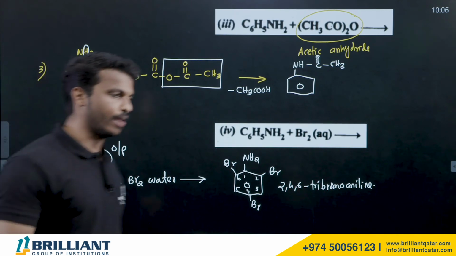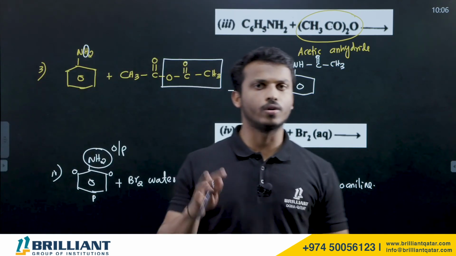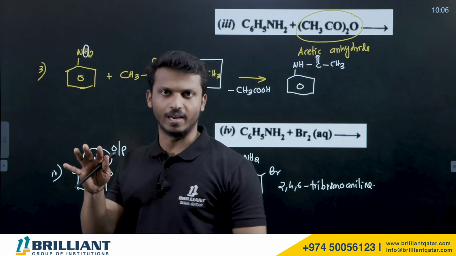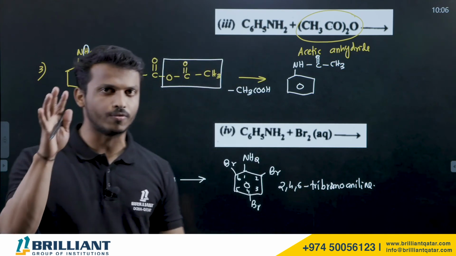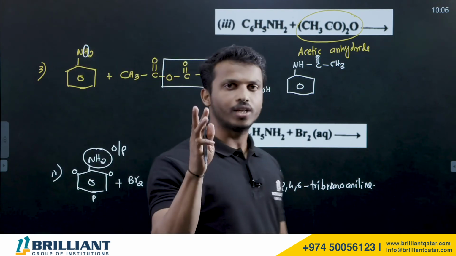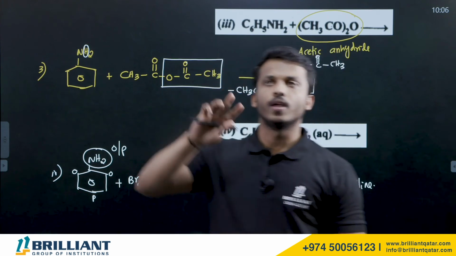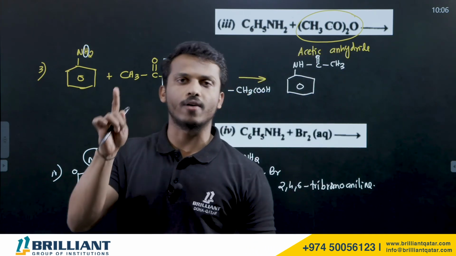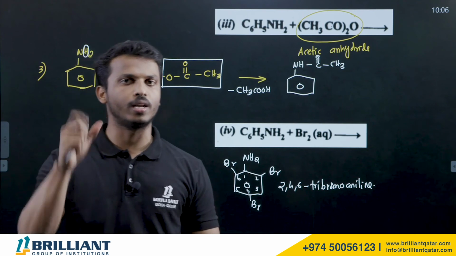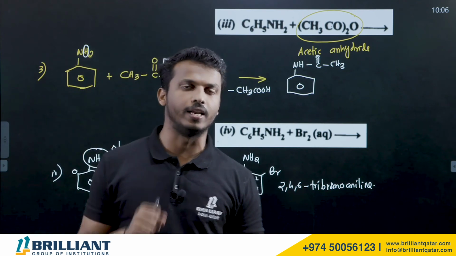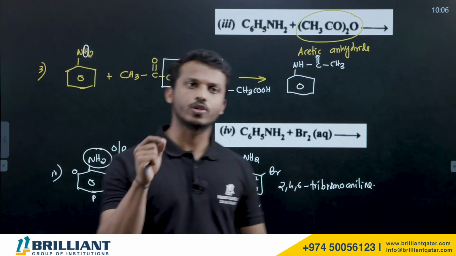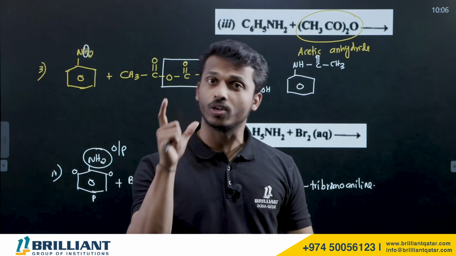Okay, so very carefully, please concentrate on the electrophilic substitution of aniline part. It's very important. Let me specify the area: nitration, bromination, sulfonation, and Friedel-Crafts alkylation and acylation. So many reasoning questions and reactions are there from this area. And mainly you have to focus on the amine chapter, the nomenclature, very important.